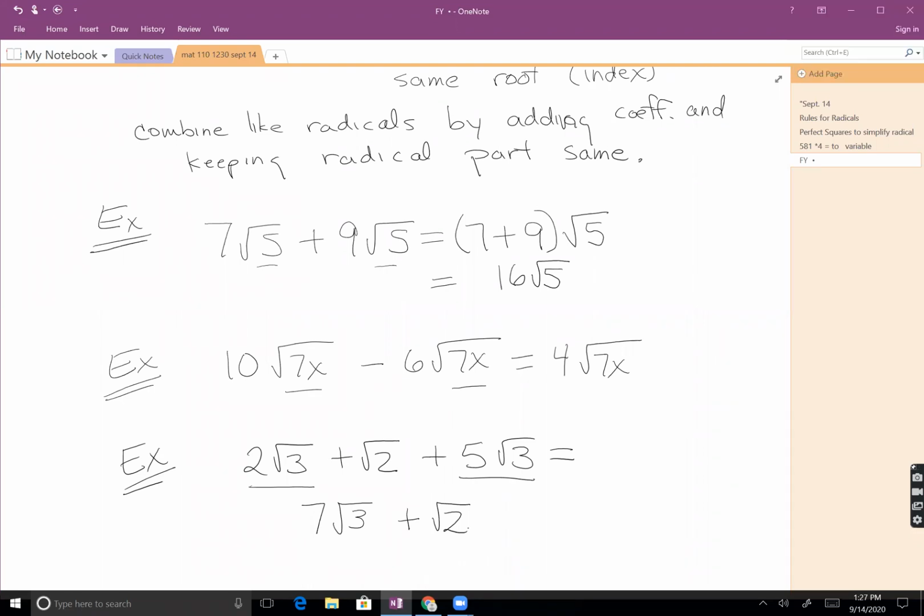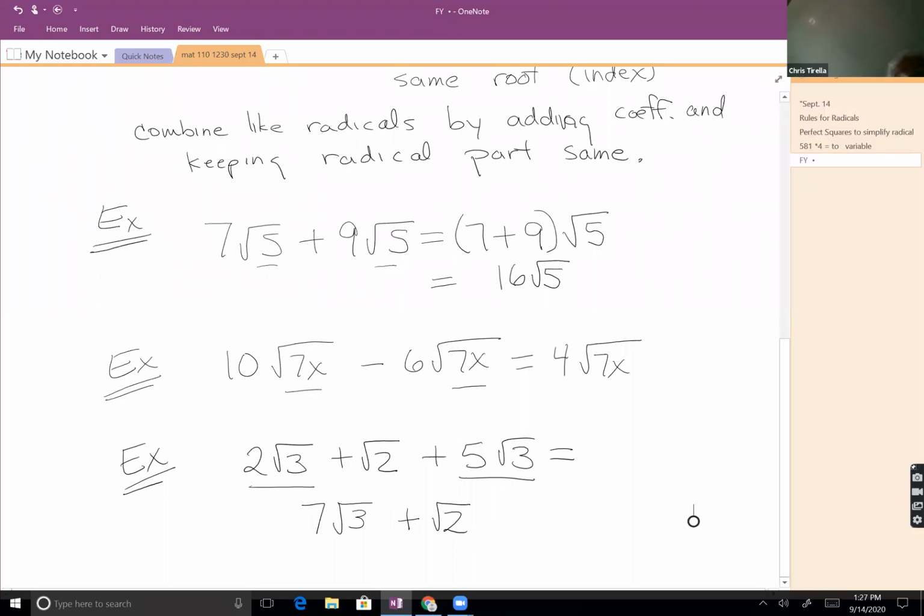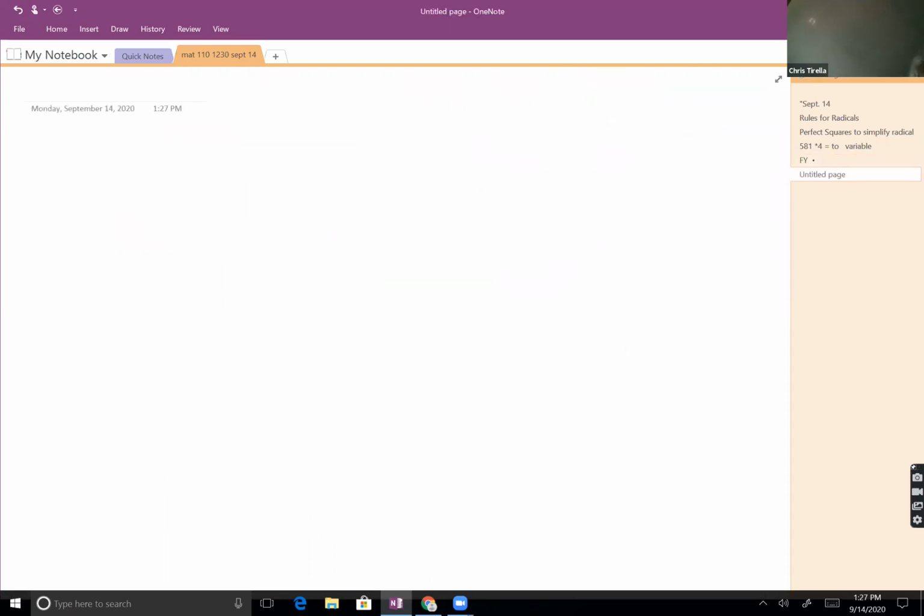Yep. All right, then let's look at some that are a little bit more involved. Let's look at the square root of 75 plus the square root of 48. Is it obvious that those two are not like?